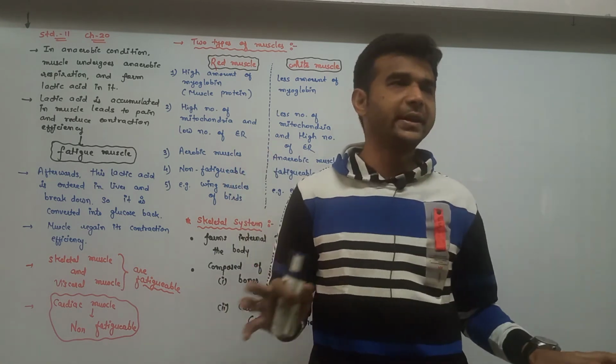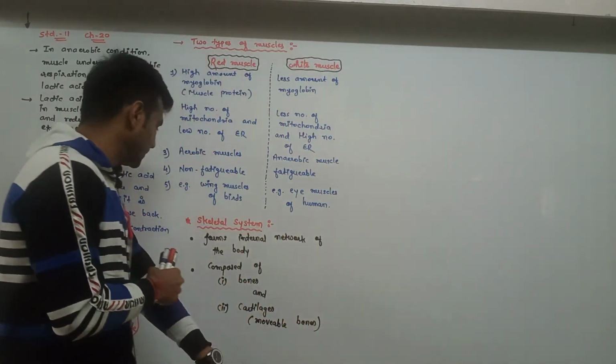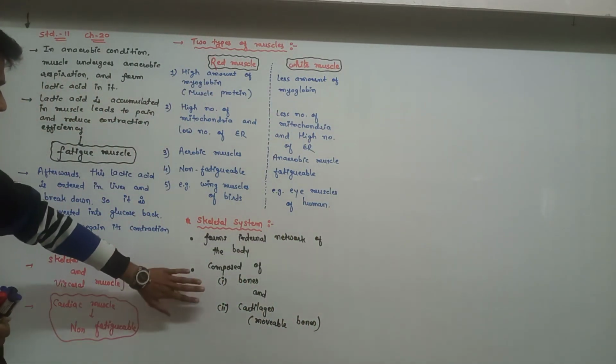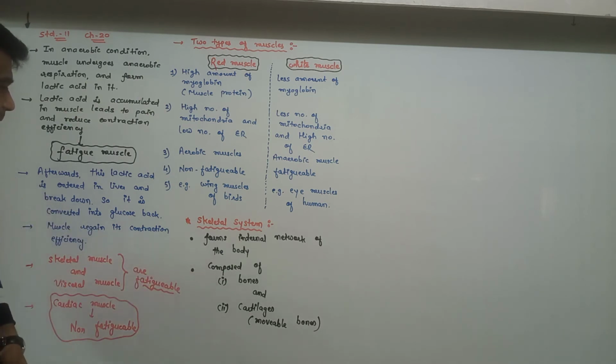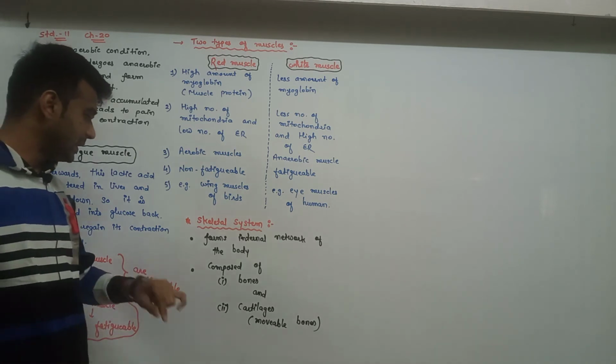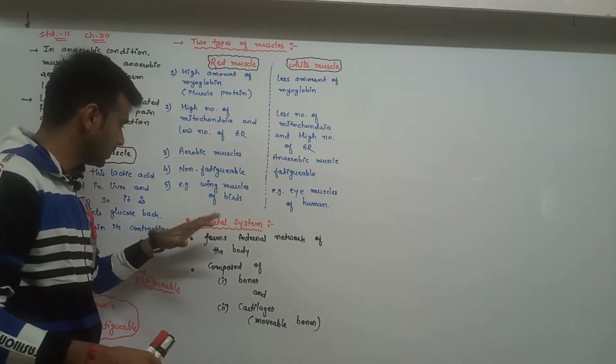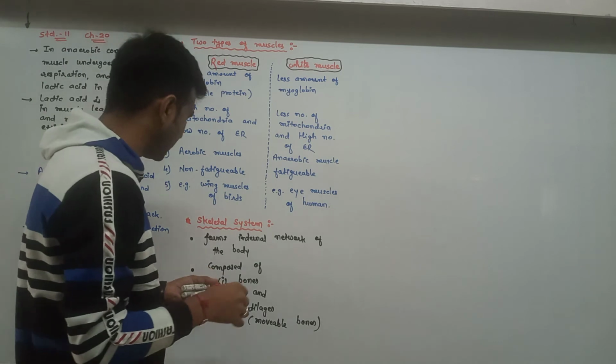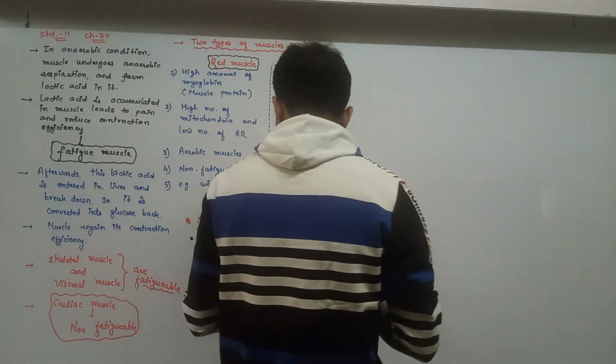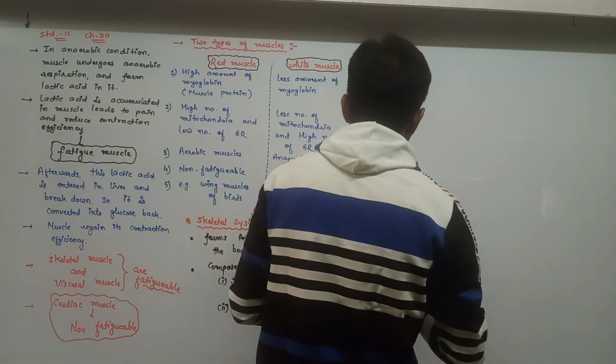They are not converted into compact bone. So we have two types of structures in the skeletal system, bone and cartilage. Now we will talk about bone in detail, but before that, I want to tell you about the functions of the skeletal system.